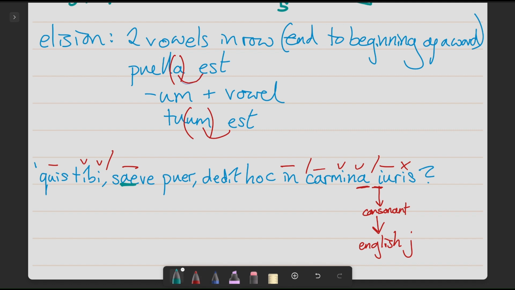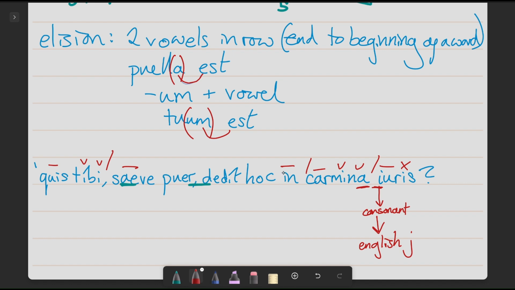Double consonants. Rd. Her is sort of breathless, so it doesn't really count. T, you know. I mean, it could, but it's not here because we have in.